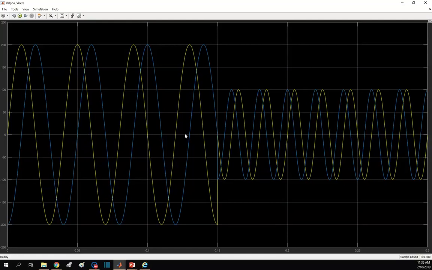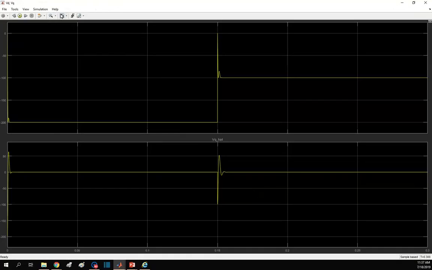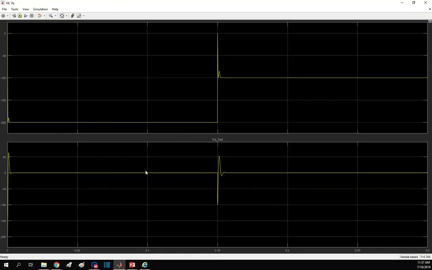We can tell that. And also, after the Park transformation from there, we are able to obtain two constant DCs, VD and VQ. Since we are regulating VQ to 0, we should be able to observe a zero constant VQ down here. Going through dynamics as well at t equals 0.15 seconds. And VD steps up.